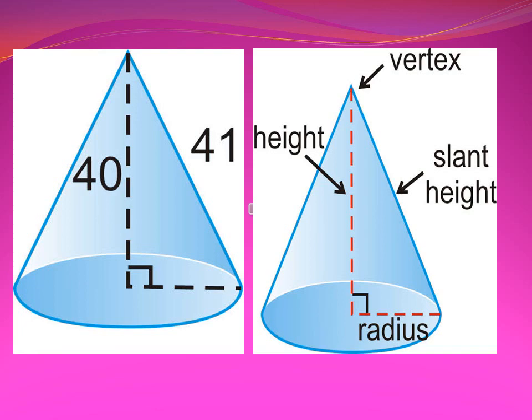We can find r by using the 40 and the 41, because those two are part of a right-angled triangle, and therefore we can use Pythagoras theorem to get the radius. Once we get the radius of the base, then we can use the formula pi rl plus pi r squared to get the surface area of this cone. Learner, you can attempt it.